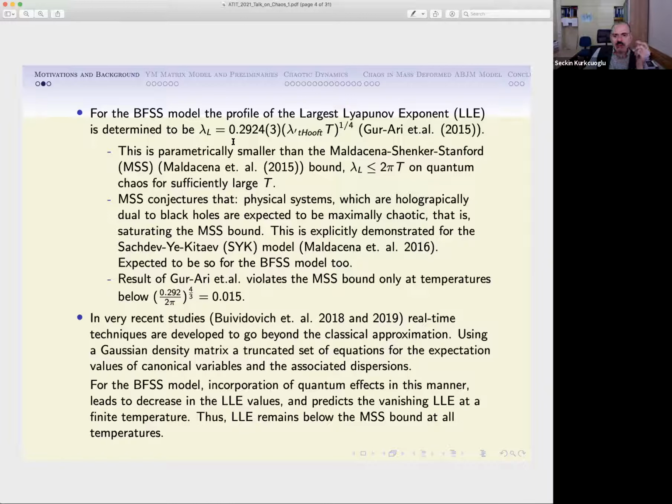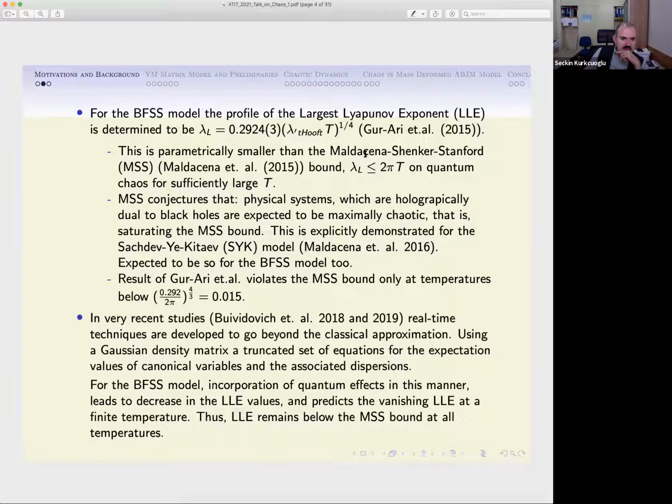And there is another work which was performed at about the same time as this paper, by Maldacena, Shenker and Stanford. Shenker and Stanford are also co-authors here, in addition to Maldacena.